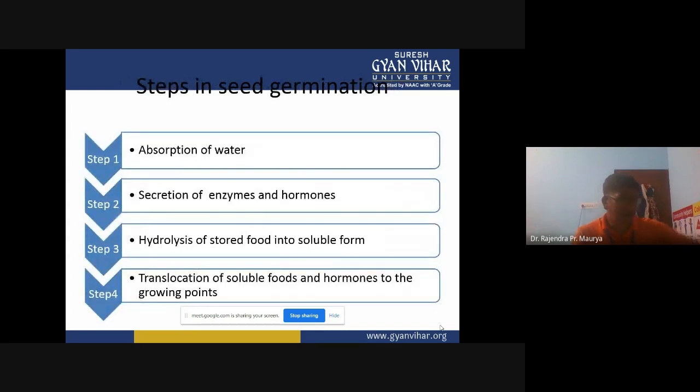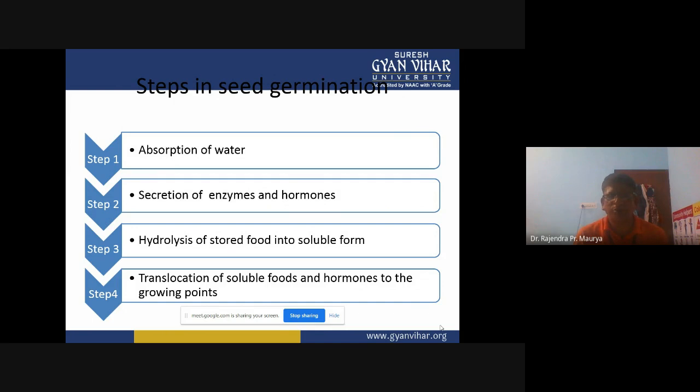So, steps in seed germination. Step one is absorption of water. When we do the seed sowing, it will absorb the moisture. Then step two, secretion of enzymes and hormones.